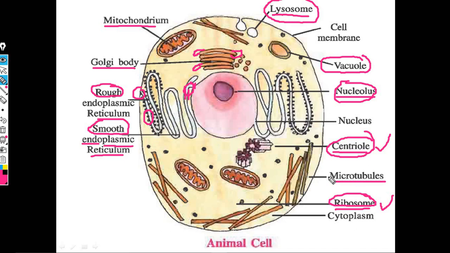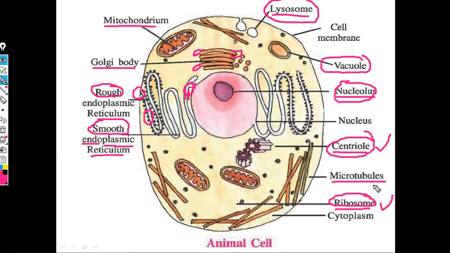Microtubules. Micro means small, so they are small tubule-like structures, hollow tubes. These are important for providing support to the cell, and that's why they are considered a part of the cytoskeleton. Cyto refers to cell, skeleton refers to the structure that supports.